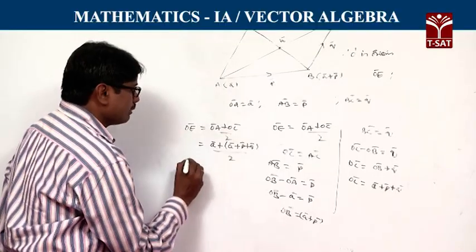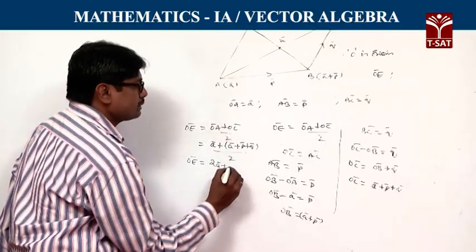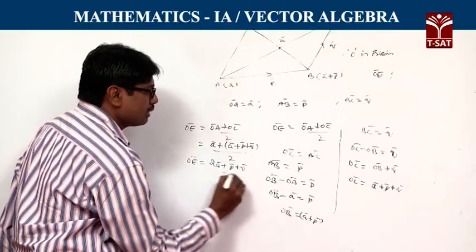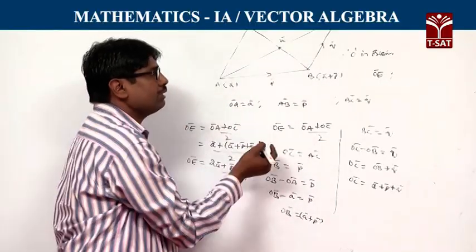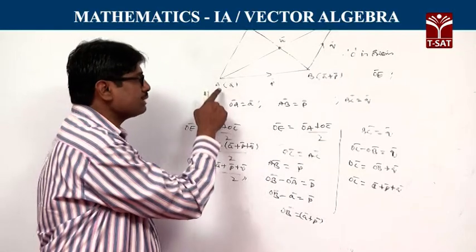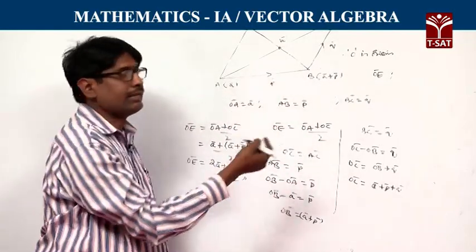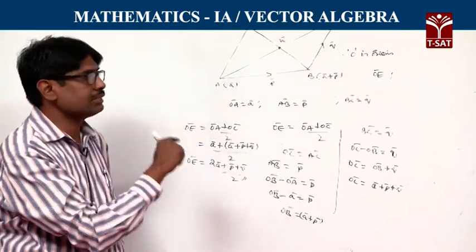So the position vector OE bar is equal to 2 times A bar plus P bar plus Q bar, divided by 2. We expressed the midpoint of the diagonals in terms of the vertex as well as the sides, where A is the vertex and P and Q are the sides.